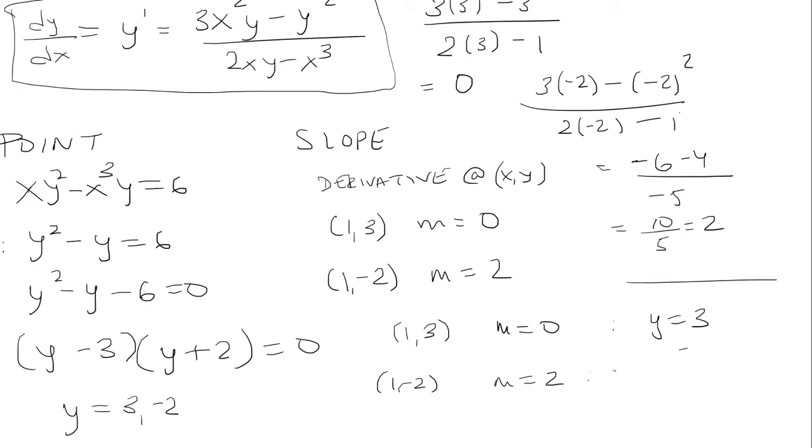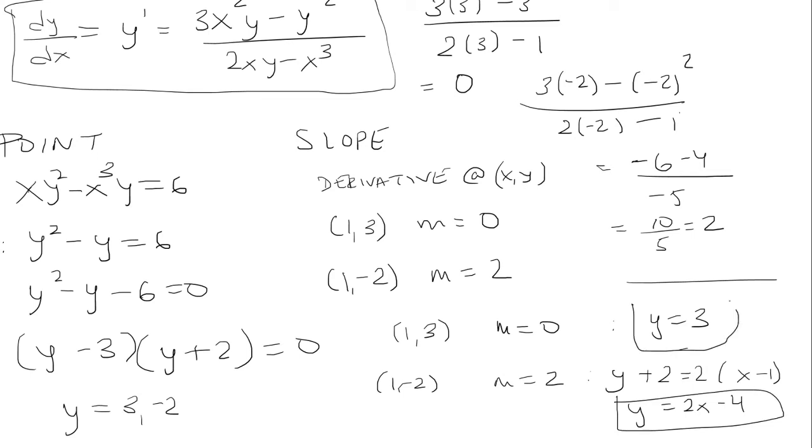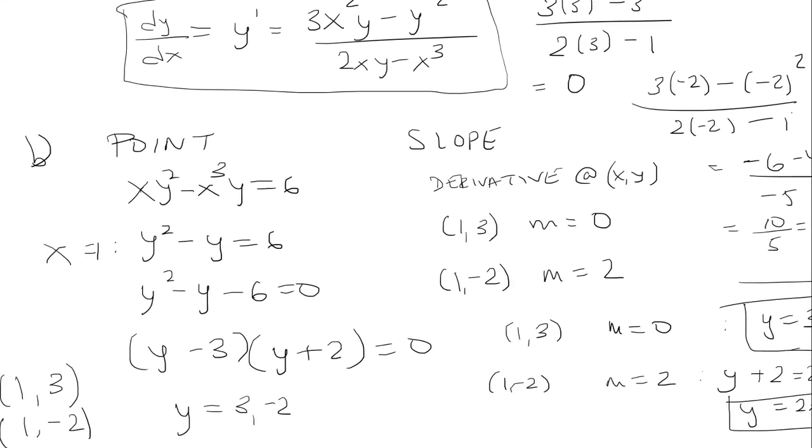So we'll just use point slope, y minus y1, so the two negatives will cancel, is the slope times x minus 1. Simplify, you get y equals 2x minus 4. So I found two tangent lines.